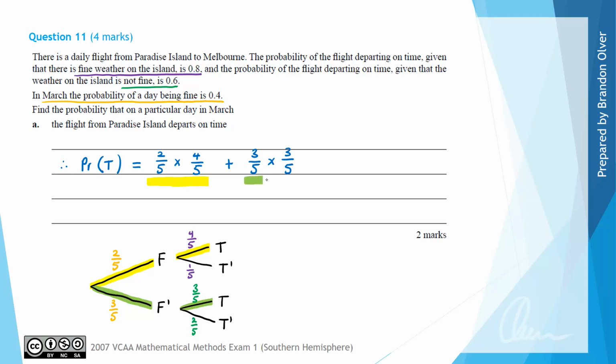So that is the multiplication along the green branches. If we evaluate that, we have 2 times 4 is 8 over 25, plus 3 times 3 is 9 over 25, and now we have a common denominator of 25, that is equal to 17 over 25. So that is the answer for part A of this question.